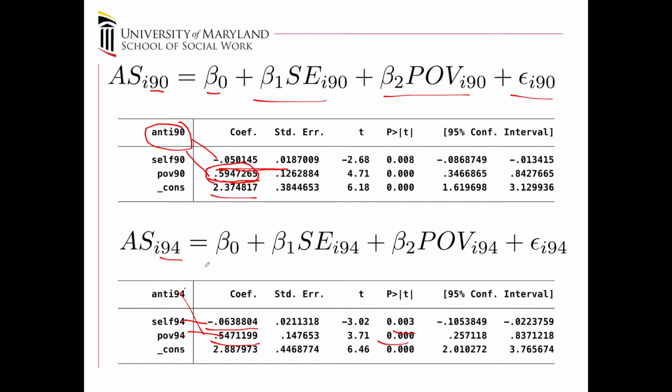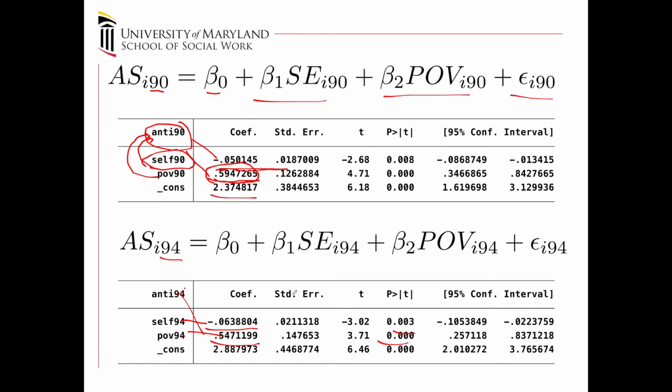What we want to know is, do changes in self-esteem produce changes in antisocial behavior, and do changes in poverty produce changes in antisocial behavior? That's a causal statement. The first statement, these cross-sectional things, are just correlations. They're just associated with one another.